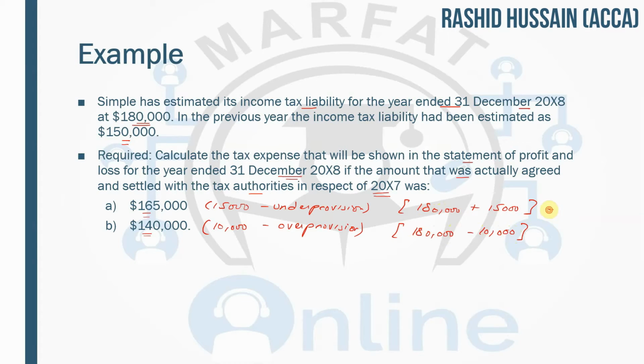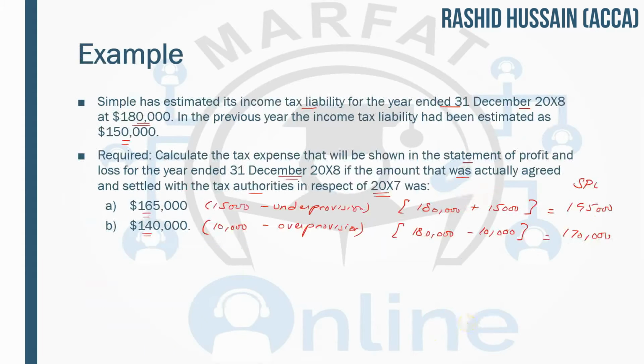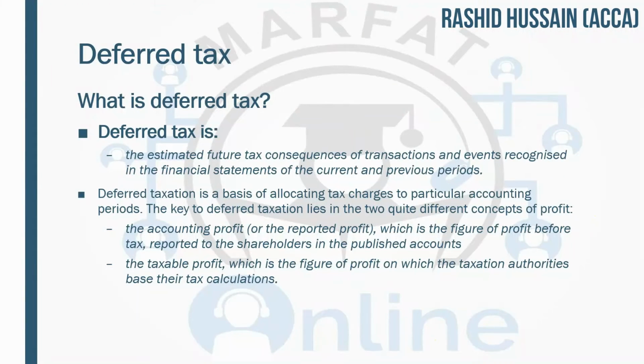So 1,80,000 plus 15,000, 1,95,000 will be in the statement of profit or loss, and here it is going to be 1,70,000 in the statement of profit or loss. So you can see 1,95,000 and 1,70,000 is the answer. The first case was the under provision, the second case is the over provision.